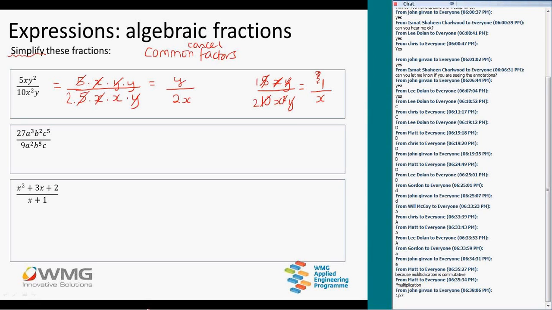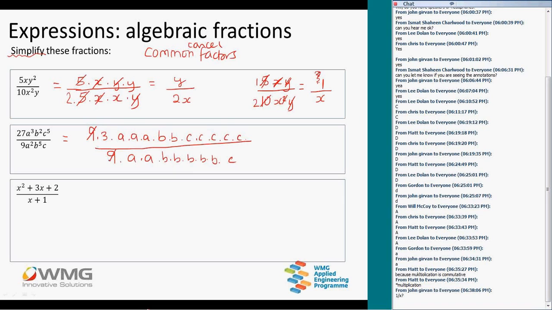So 27 I'm going to see as 9 times 3. A is A. B squared is B times B. And a C. So simplifying out common factors: the 9 will cancel, and I've got a B which will cancel with 2 B's here.